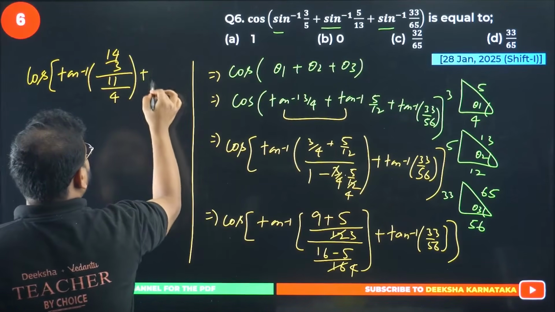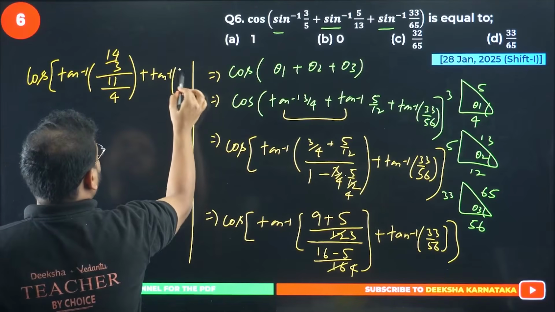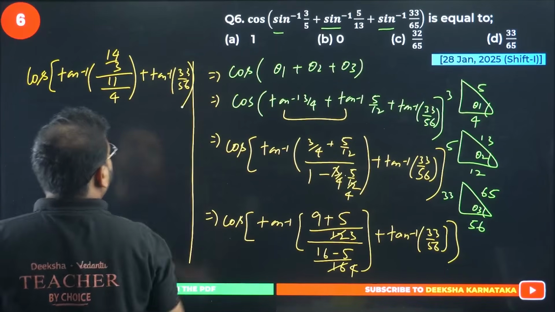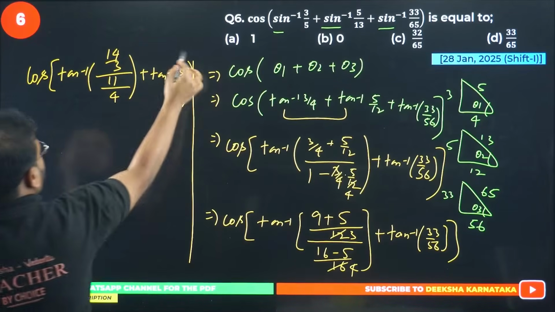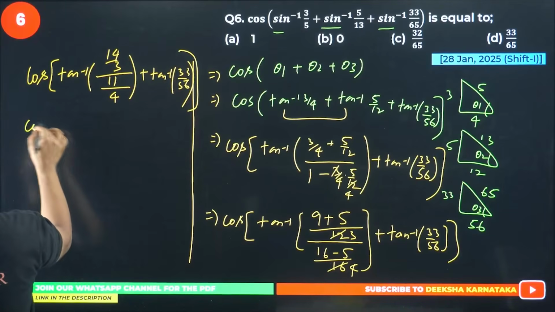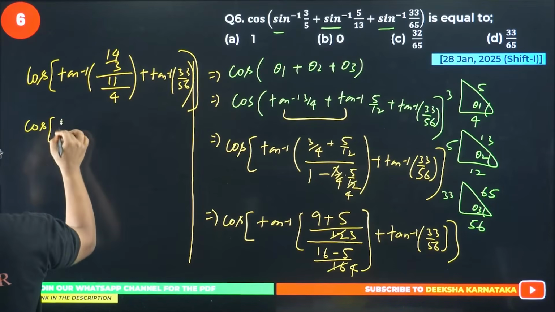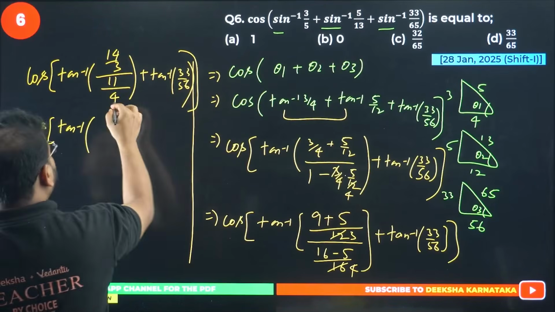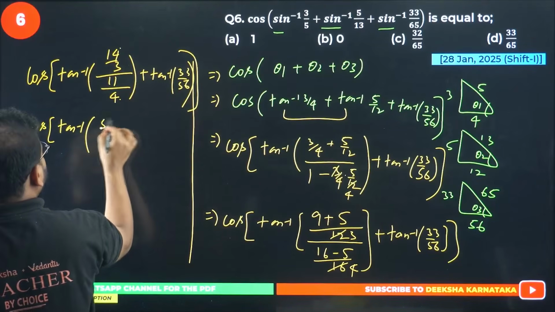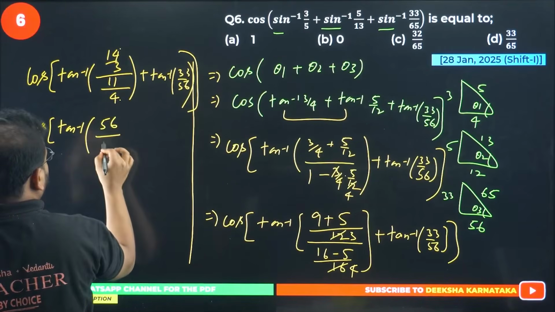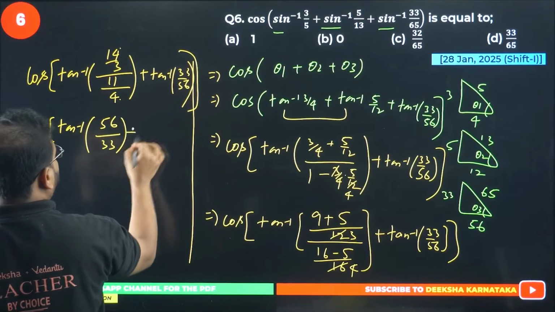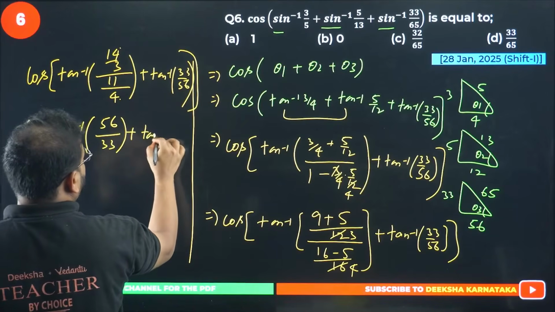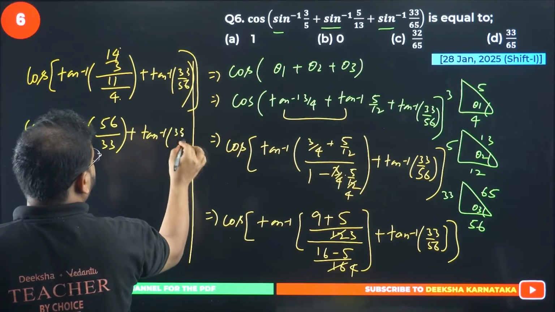And we have, of course, tan inverse of 33 by 56. Alright. So I get cos of tan inverse, how much is this? 14 multiplied by 4, I get 56 over here, and 3 into 11, I get 33. Okay, I got the answer. This will be 0, I think. Answer is 0. We'll see.